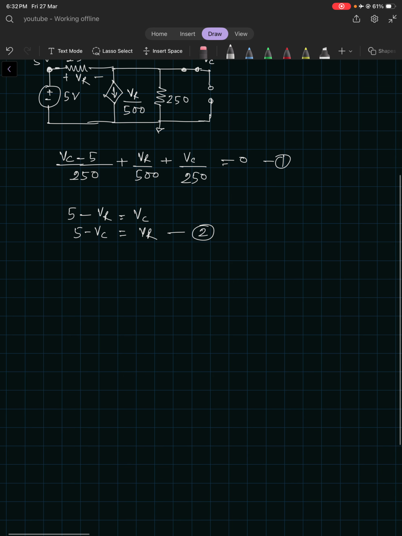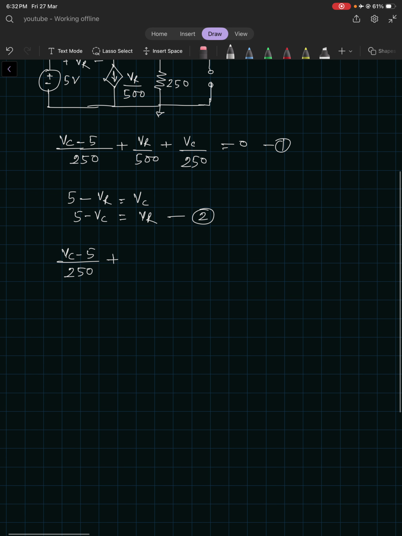Let's put equation number 2 in 1 and see what we will get: (VC minus 5) by 250 plus VC by 250 is equal to 0. If you can solve these steps quickly, then you can go forward and calculate yourself. I'm going at a very slow pace. Just wait a few seconds.